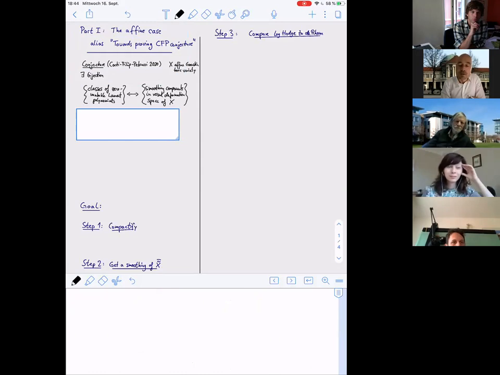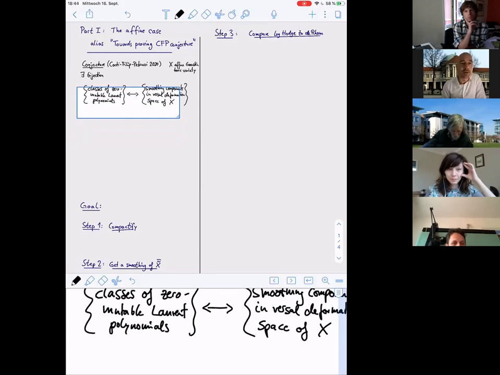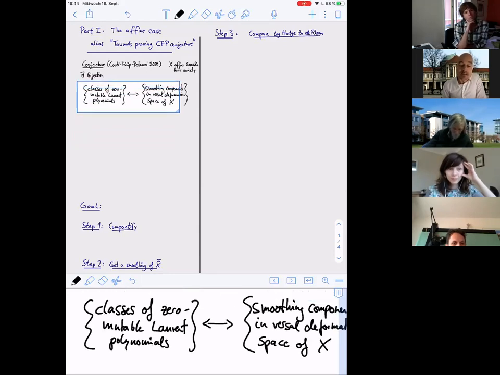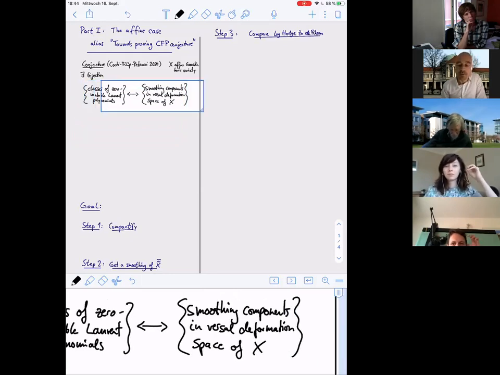You start with an affine Gorenstein toric variety X, and then the conjecture is a statement about the existence of a bijection between the classes of zero mutable Laurent polynomials attached to the polytope that gives the affine variety, and the smoothing components in the versal deformation space of X. So far, that's entirely conjectural.